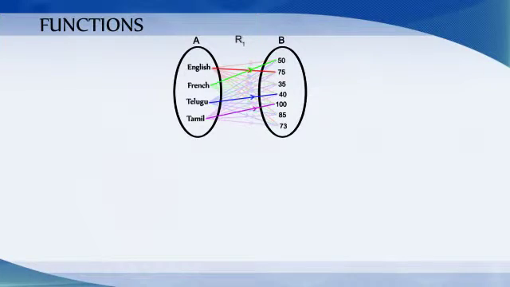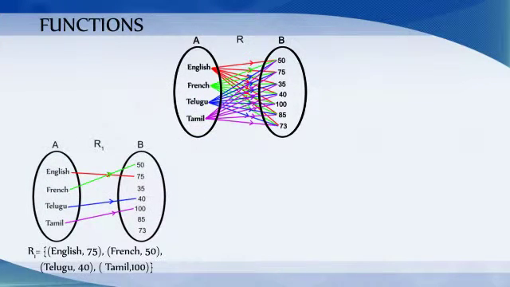R1 is a relation having the set of ordered pairs English, 75, French, 50, Telugu, 40, Tamil, 100.